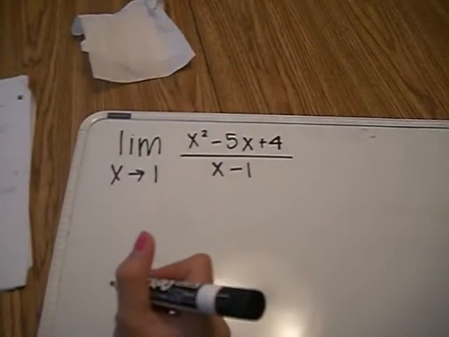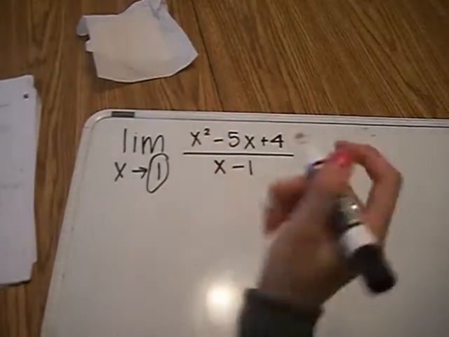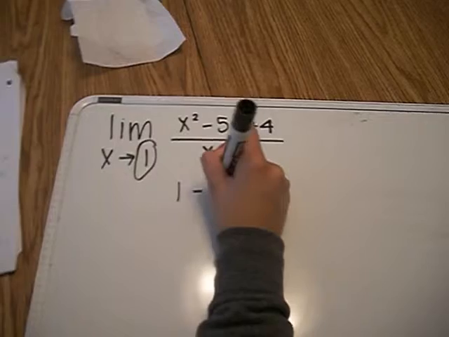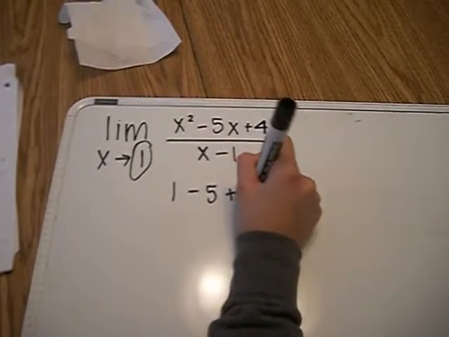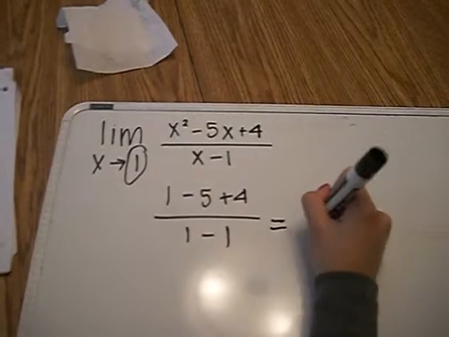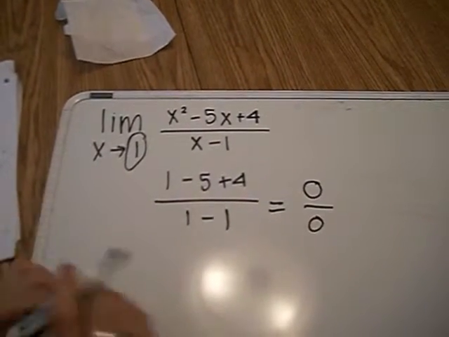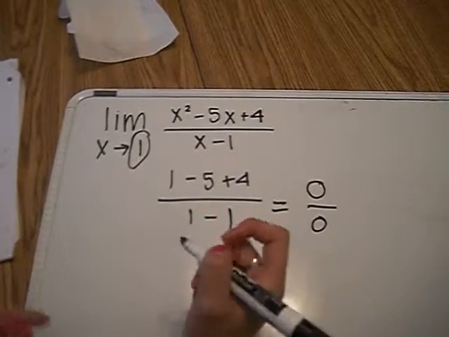For the second warm-up problem, we see that it equals a number, which is 1. When you plug in the number, it's 1 minus 5 plus 4 all over 1 minus 1. This gives you 0 over 0, which means it is indeterminate. So then you have to go ahead and factor it.